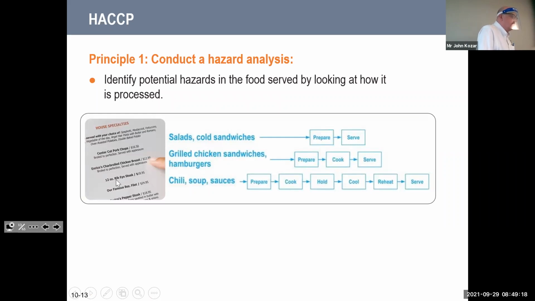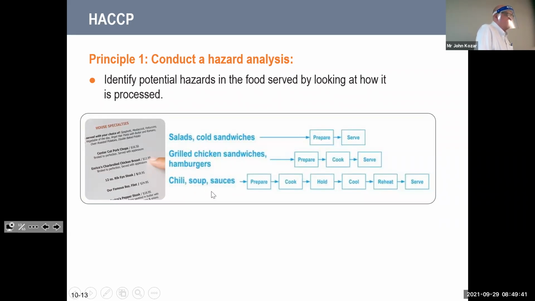So we have a menu and salads and cold sandwiches. We can identify the critical points as being preparation and service of salads and cold sandwiches. For grilled chicken sandwiches and burgers, we can also include the cooking as a critical point.